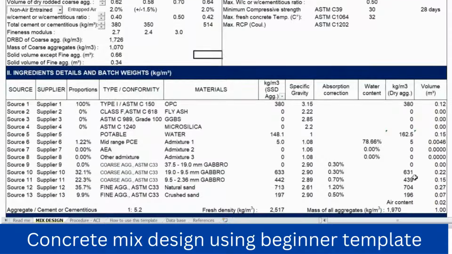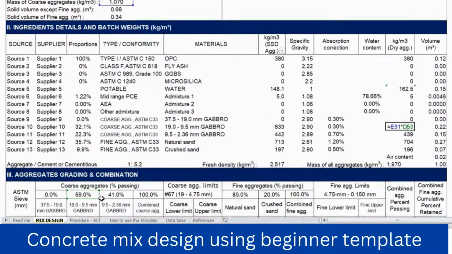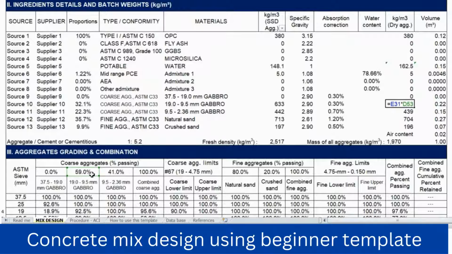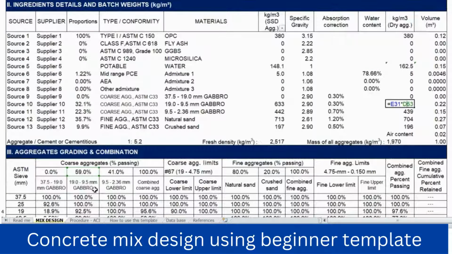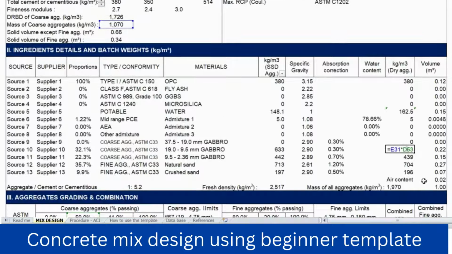So moving on to the mass of the aggregates. For the coarse aggregate, we will simply multiply whatever the percentage of the 19 mm, which is 59%, multiplied to the previously calculated mass of coarse aggregate, which is 1070. So 59% of that will give us 631 kg.